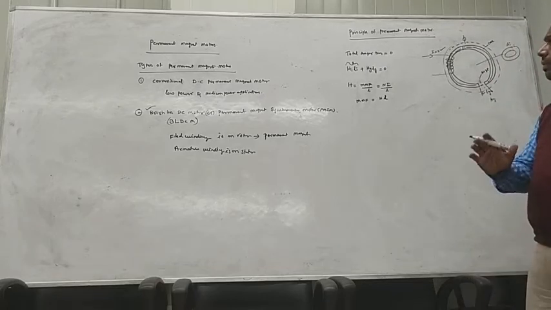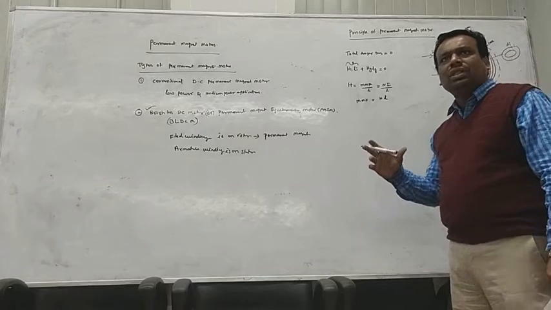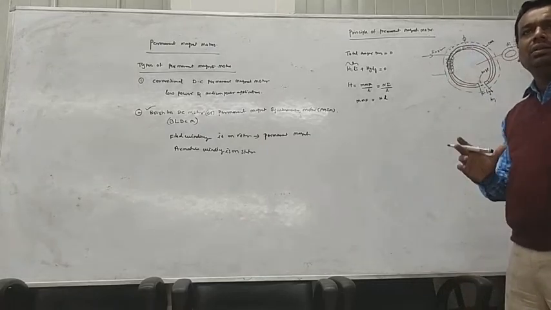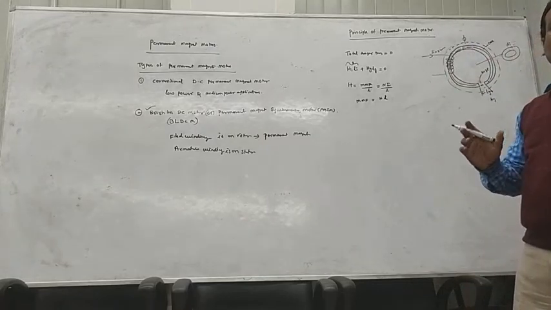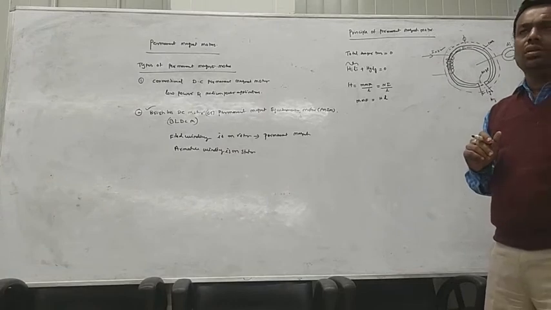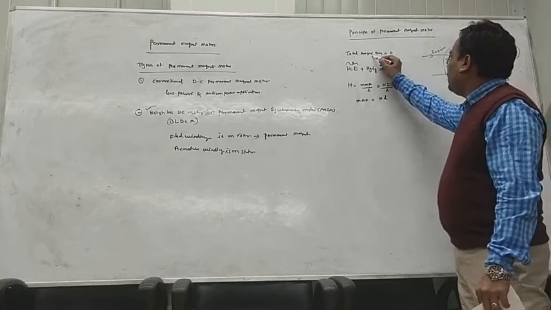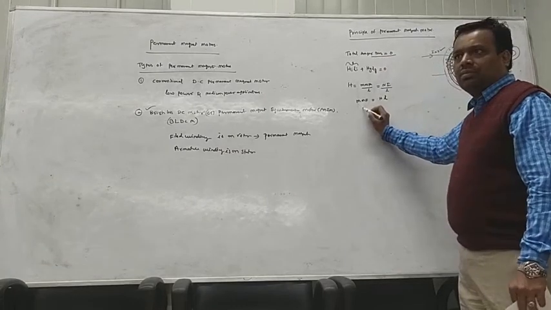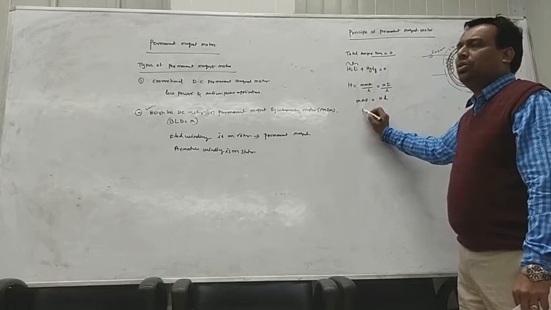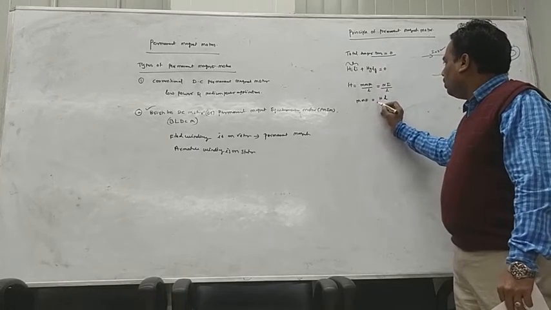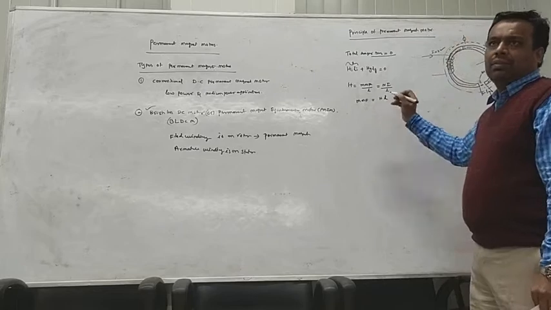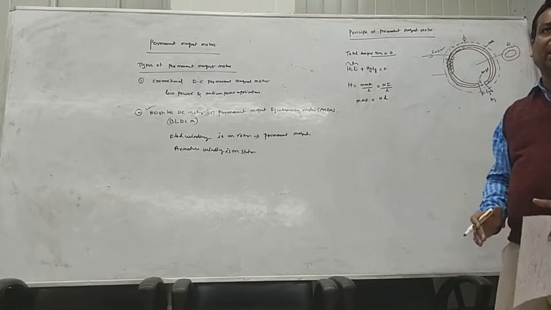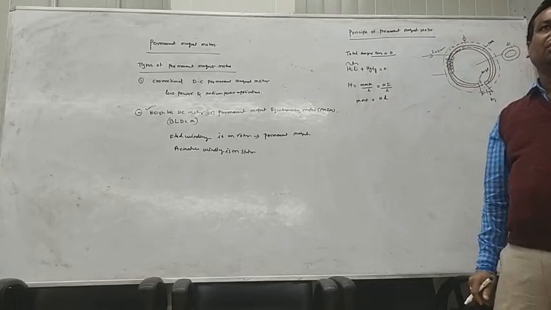Whenever the magnetomotive force is 0, for a permanent magnet, it means the total ampere turns is 0. Ampere turns is nothing but magnetomotive force. Magnetomotive force is equal to H into L, where H is the field intensity and L is the length of the magnet.